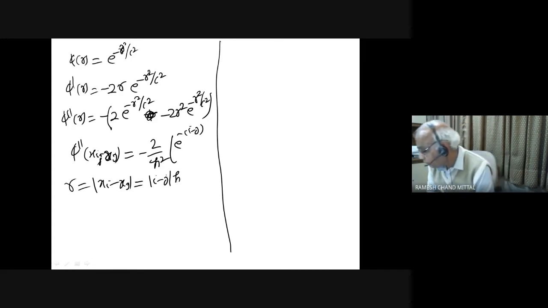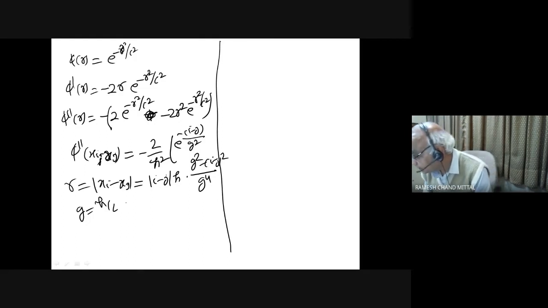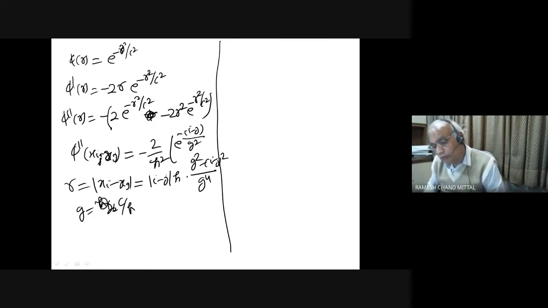So I put that way, so it becomes g square, g is the same thing which I wrote there, into g square minus (i minus j) whole square upon g to the power 4, and g is c by h. So what I mean to say is it is not very difficult to find what your derivatives are here.